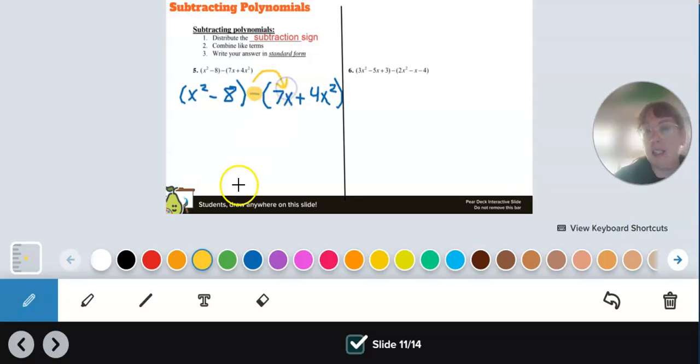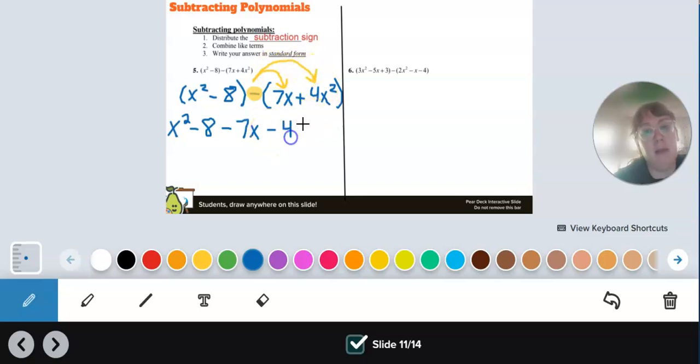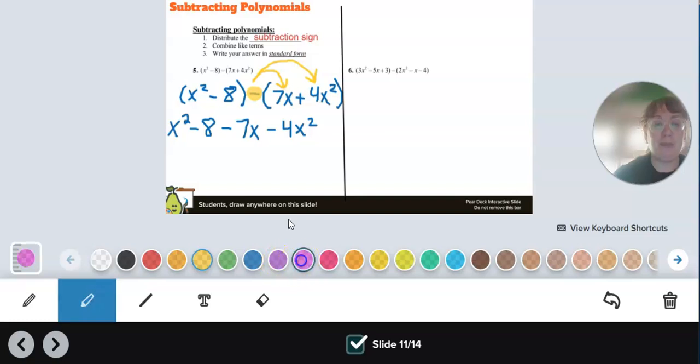So it's subtracting a 7x and it's subtracting a 4x squared. So the first parenthesis stays as is, x squared minus 8. But we have to subtract 7x, so it's a minus 7x, and subtract 4x squared, so it's a minus 4x squared. So that's distributing the subtraction sign.